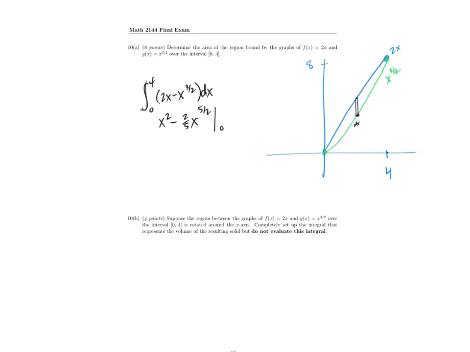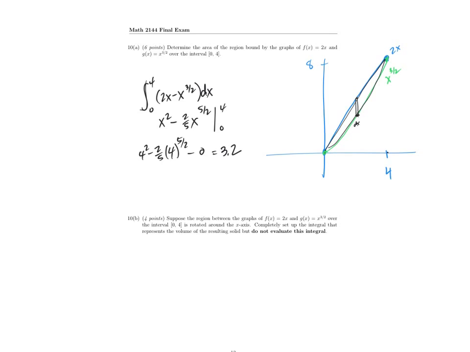Okay, and I want to evaluate that from 0 to 4, so I'm going to plug in 4 squared minus 2/5 times 4 to the 5/2, minus, and if I plug in 0, I'll just get 0. So I get 3.2. So 3.2 is the area of this shape here.